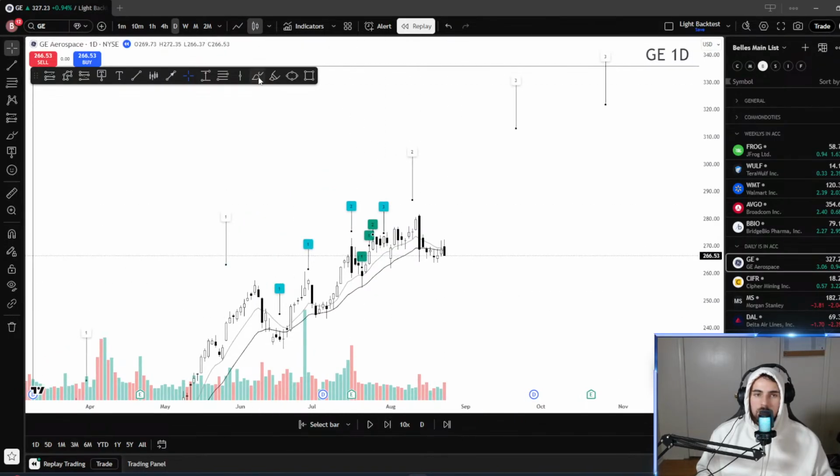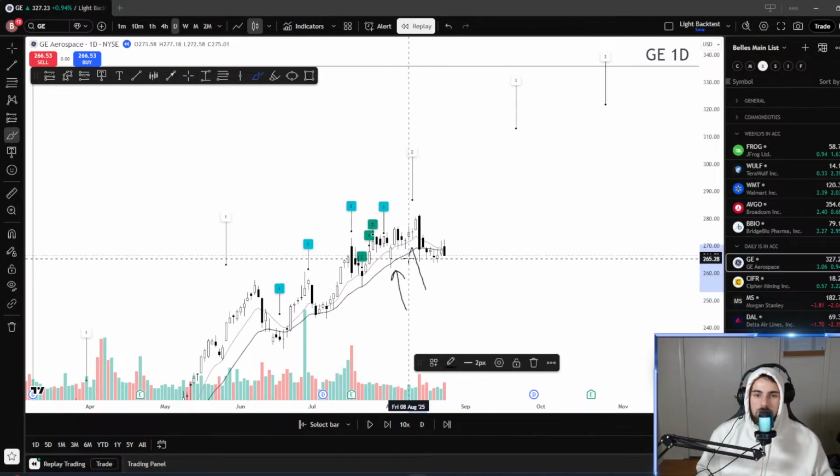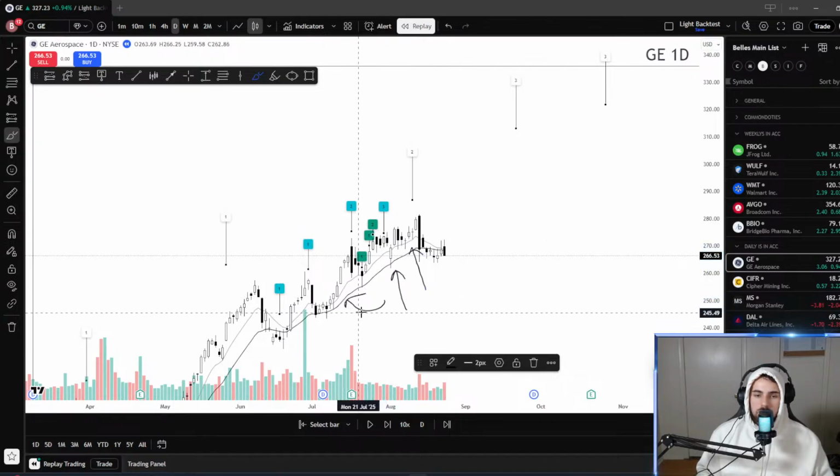I can check if there were entries in these points here, or these points. But since the bullish pushes didn't last that long, the lesser the chance that there's going to be an entry. Compare these two bullish pushes to these ones over here. Well, clearly there was more opportunity in these two over here.